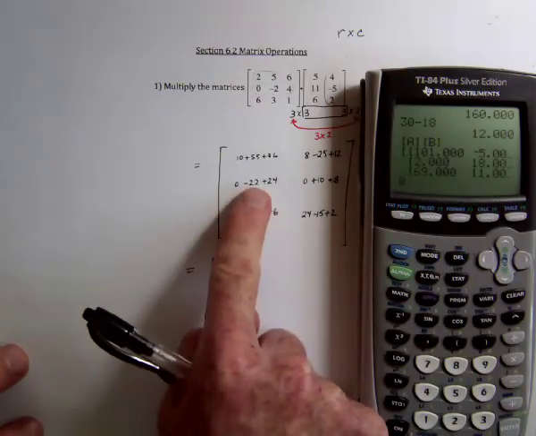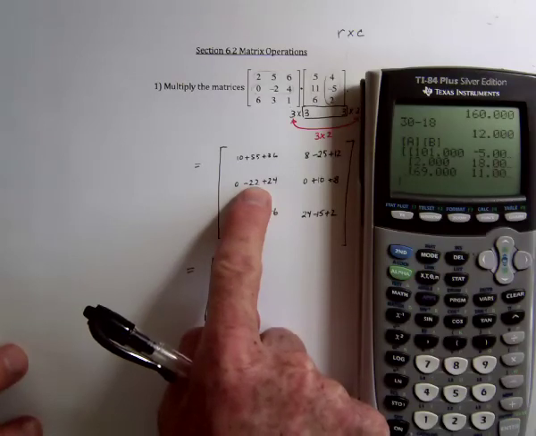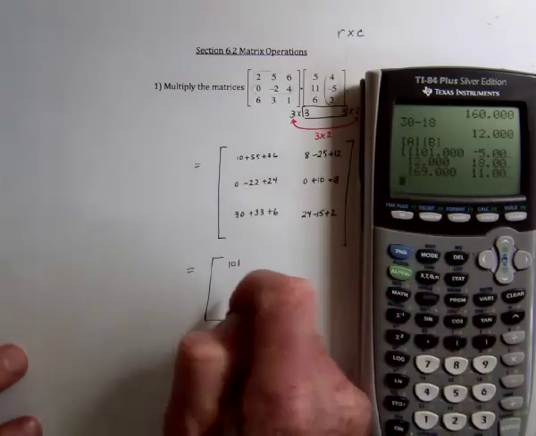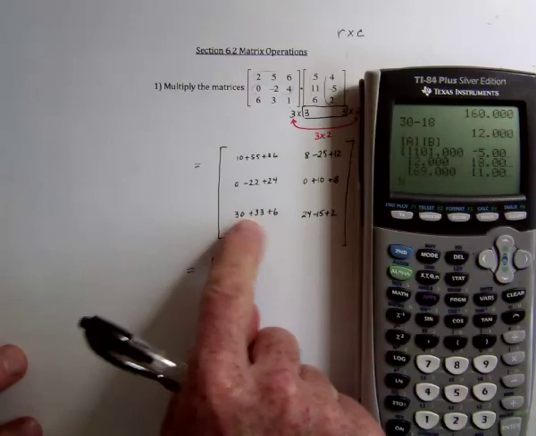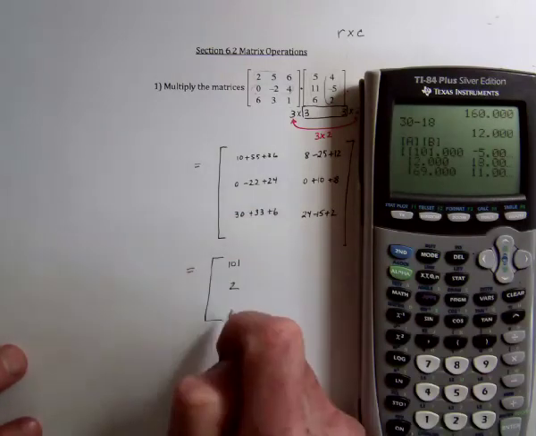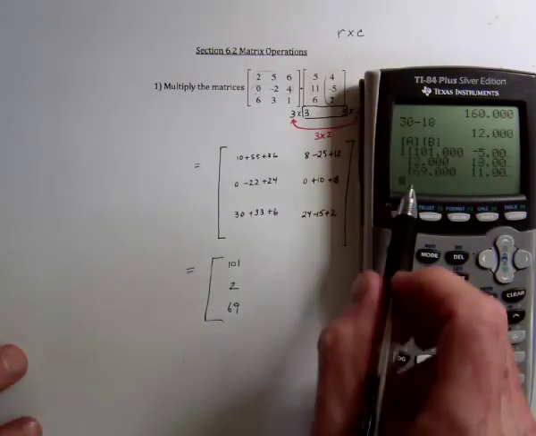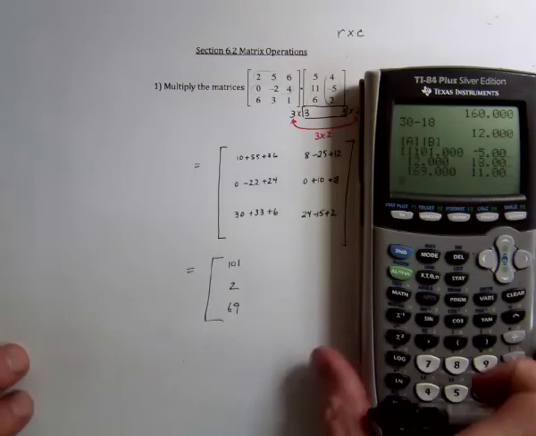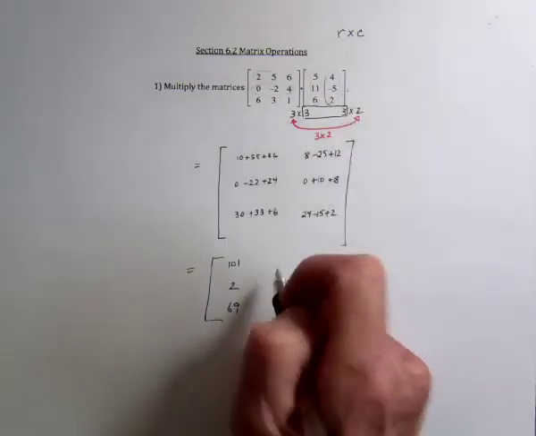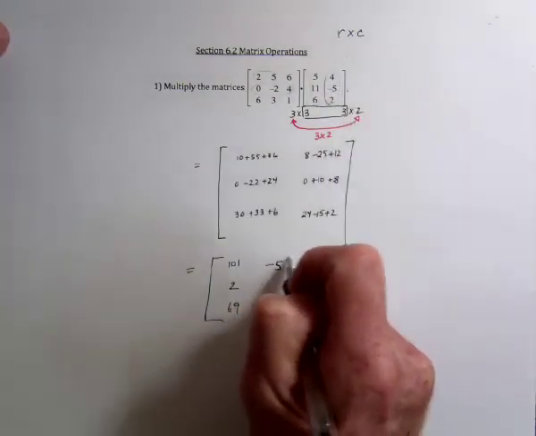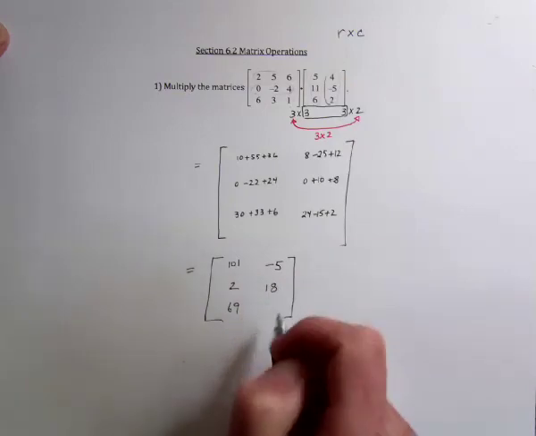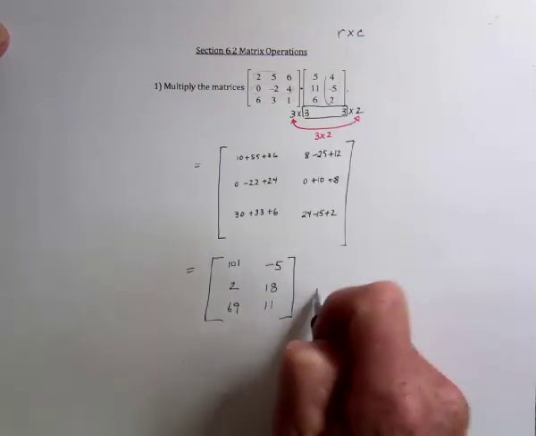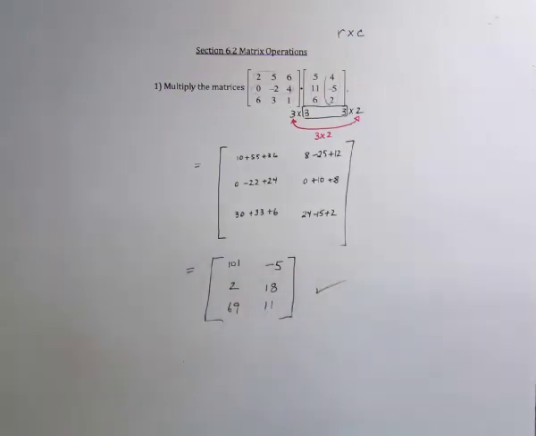And let's see, this one right here, a 24 minus 22 is a 2. Got that one right. And then there's 63 with 6 is 69. So that one's right. And so this one's -5 and 18 and an 11. And there's the product of two matrices.